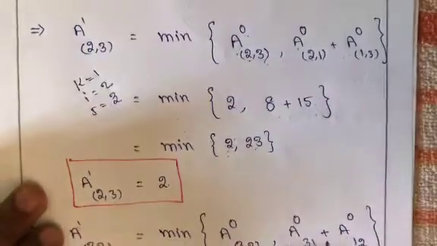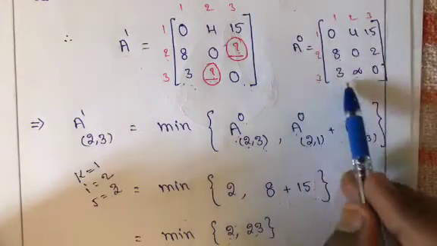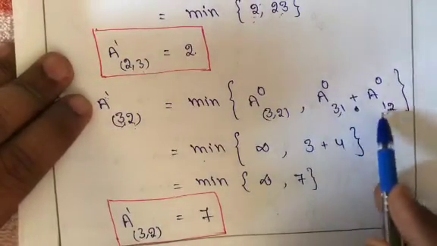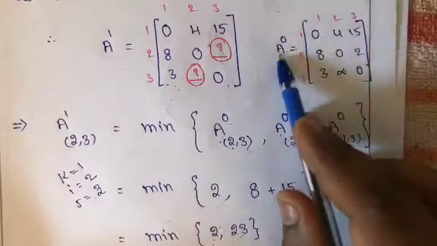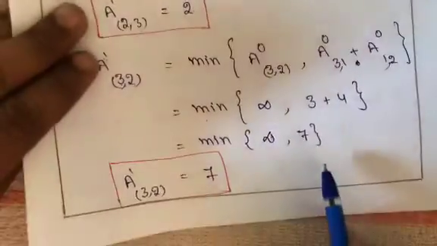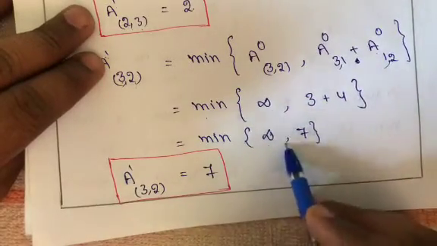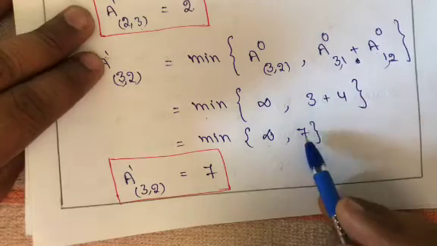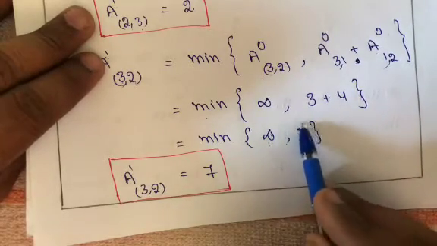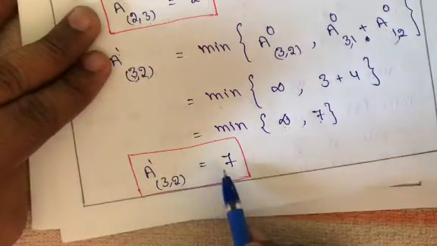Then A0 of 3 comma 1, that is 3, and A0 of 1 comma 2, that is 4, so here I placed 4. So 3 plus 4 is 7. Based on these two values the minimum element is 7. So therefore A1 of 3 comma 2 is 7.